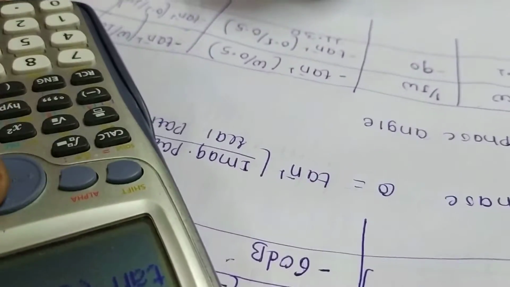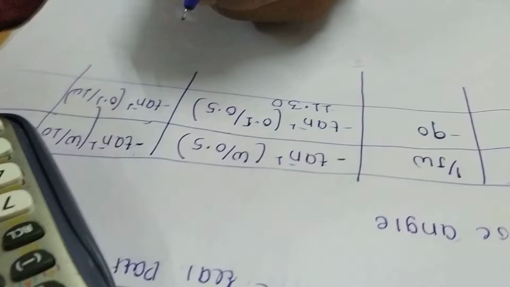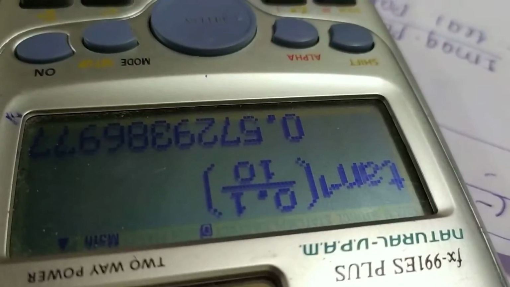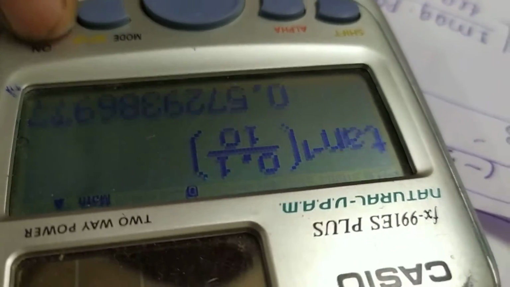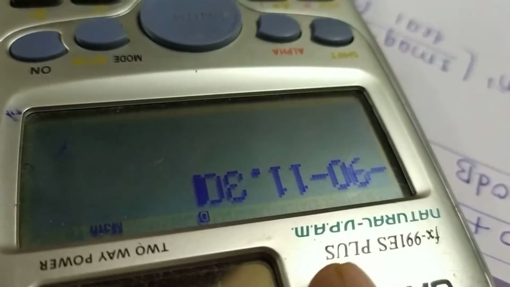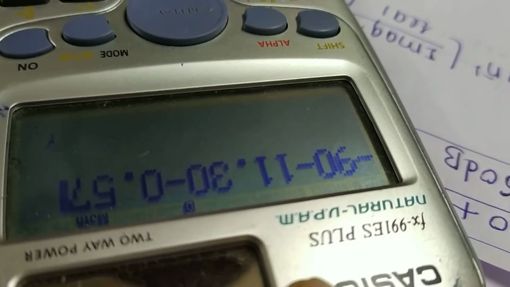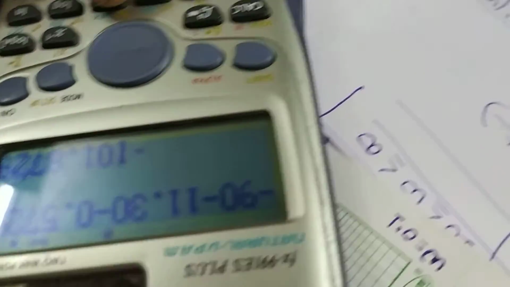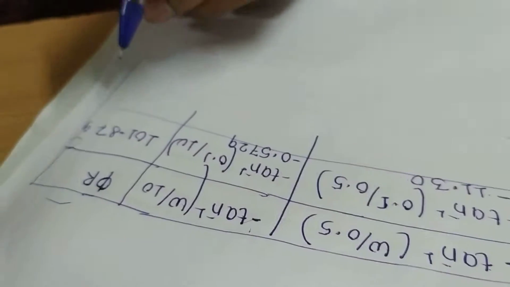My second value is 0.5729, which is also negative. So the resultant is: first the pole is minus 90, minus 11.30, minus 0.5729. The first value comes to 101.87, and we write the resultant with the plus sign.